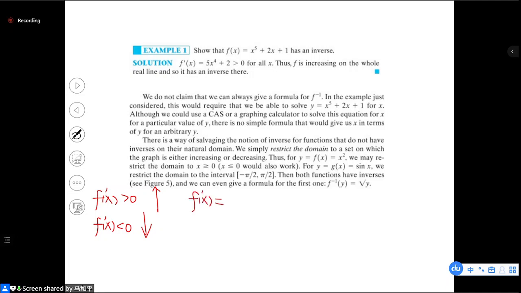By the power rule, f prime x is 5x to the 4th plus 2. Of course, it's positive. So f is increasing on the whole real line, and so it has an inverse there.